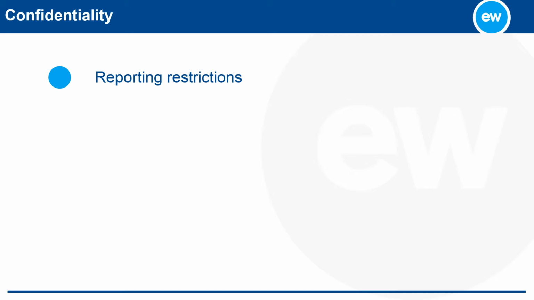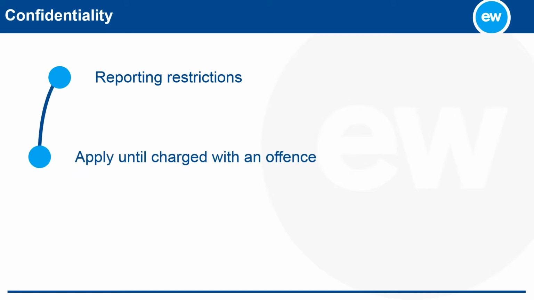The Education Act 2002 introduced reporting restrictions which prevent the publication of any material that may lead to the identification of a teacher who's been accused by a pupil or on behalf of a pupil from the same school. And these reporting restrictions will continue to apply until they're charged with an offence. The restrictions will cease to apply if the individual waives their right to anonymity.